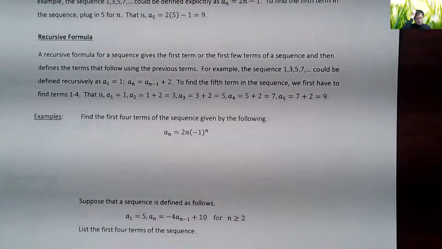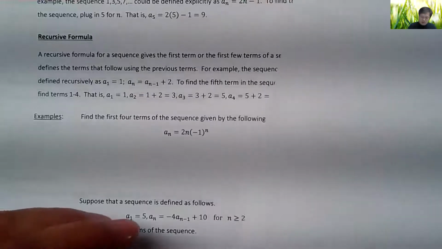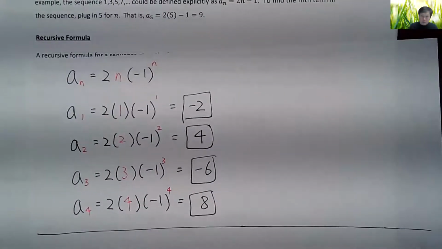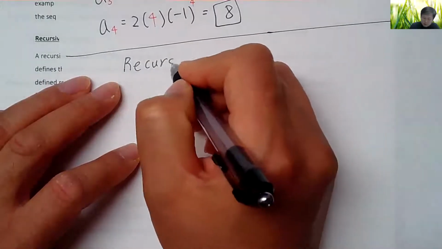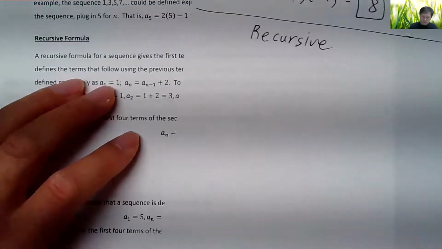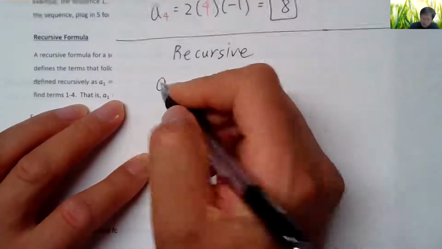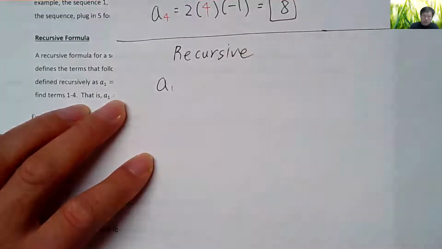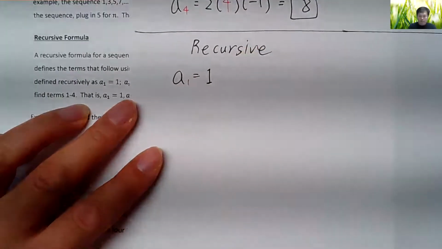So I can explain that. Let's say recursive form. They gave you a sub 1 equal to 1.